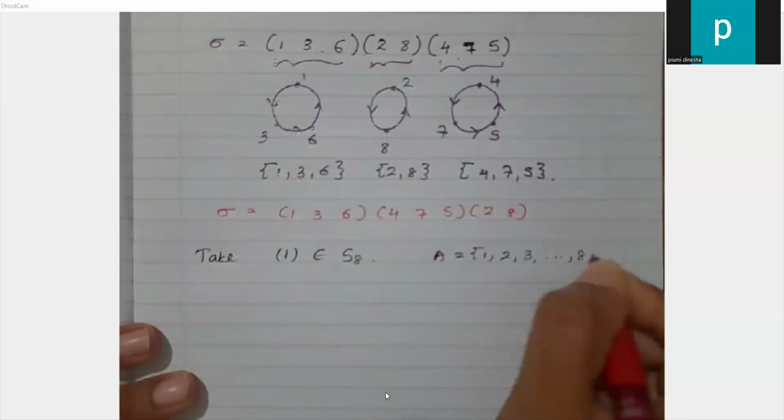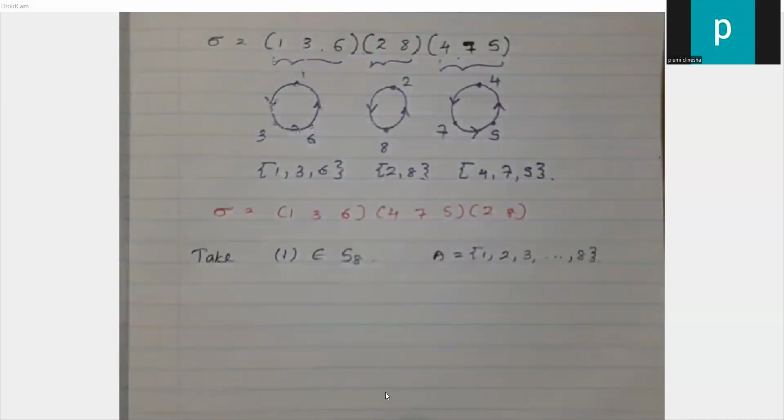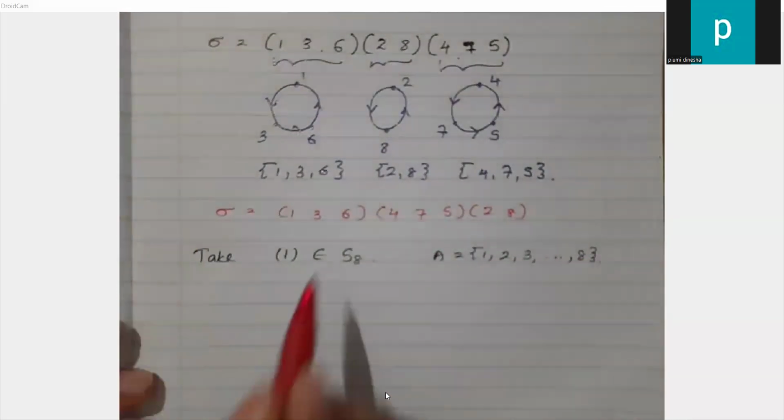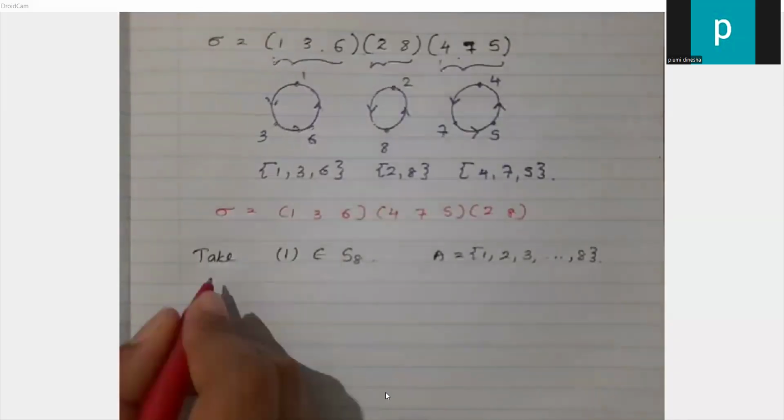We are permuting elements from 1 to 8. Now we are considering the identity permutation, which is an element in S8, right? That means all the elements will be fixed. 1 will be sent to 1, 2 will be sent to 2. They will not be sent to a different element. They will simply be sent to themselves, right? Fixed. What is the orbit of 1?